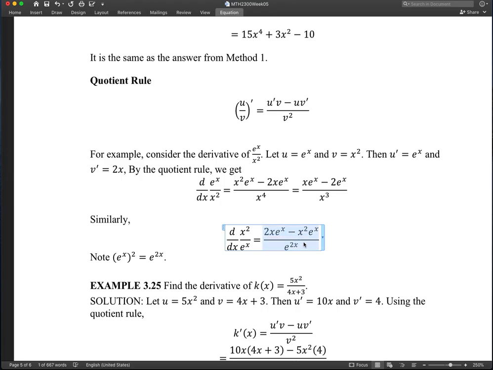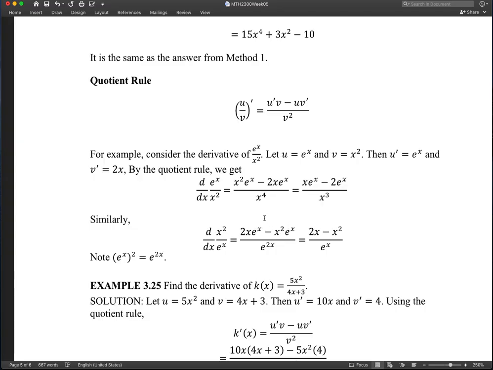And to complete the simplification part, e to the x can be canceled. Cancel e to the x from the first term, and cancel e to the x from the second term, and cancel e to the x from the denominator, e to the 2x, that's simply e to the x. Yeah, I think now for both, I've got the simplified answer.